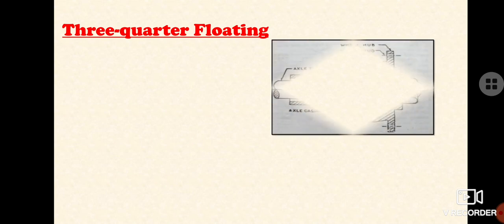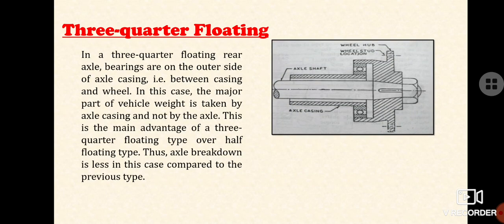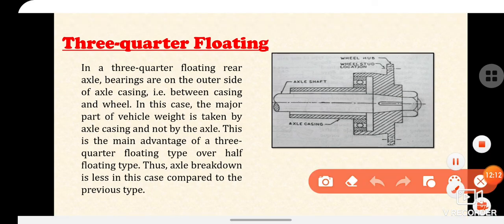Now three-quarter floating. Here this is the axle shaft, axle casing, then this is the wheel hub, and here the wheel stud location. As mentioned, in a three-quarter floating rear axle, bearings are on the outer side of the axle casing, that is, between casing and wheel.